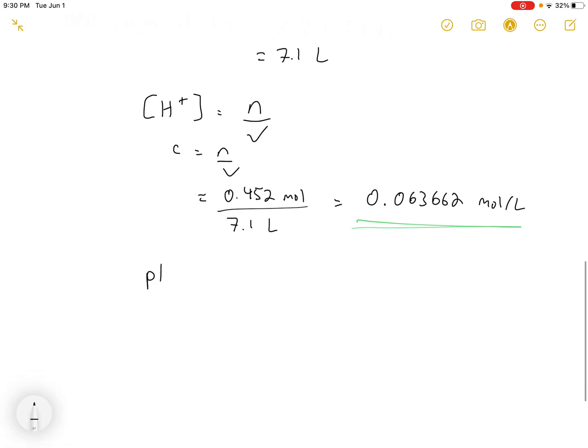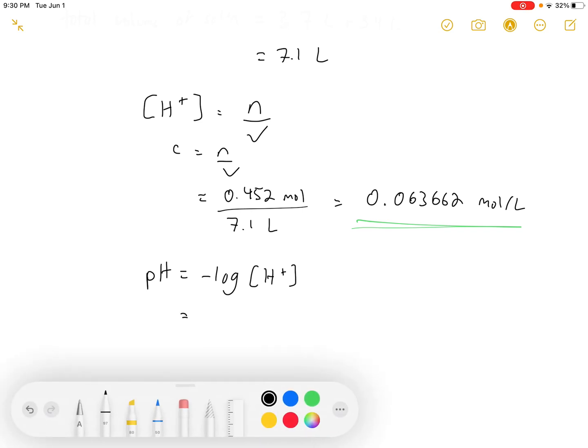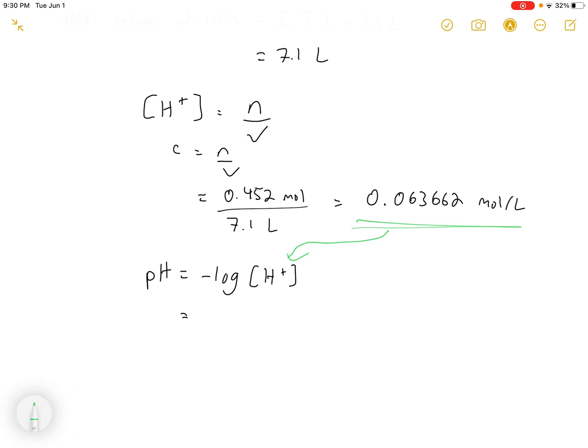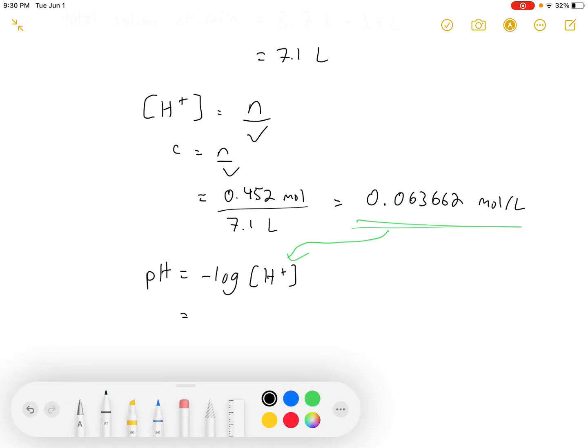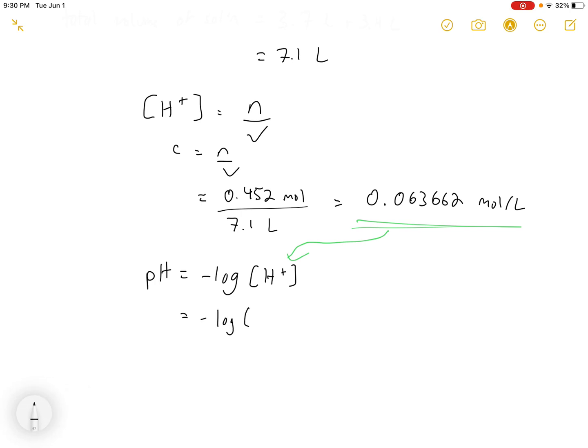Final step: pH equals negative log of the concentration of hydrogen ions. We know that's 0.063662, so negative log of that value.